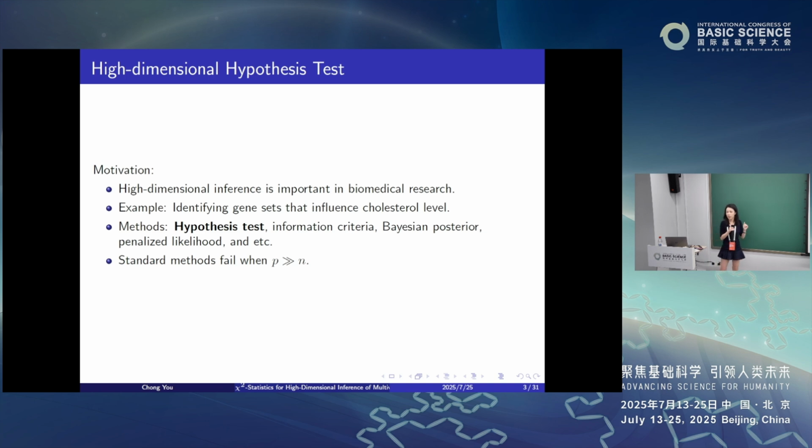And penalized likelihood like lasso, ridge, etc. Our work today is focused on the hypothesis test. Most standard methods fail when p is greater than n, because the estimation becomes ill-posed.